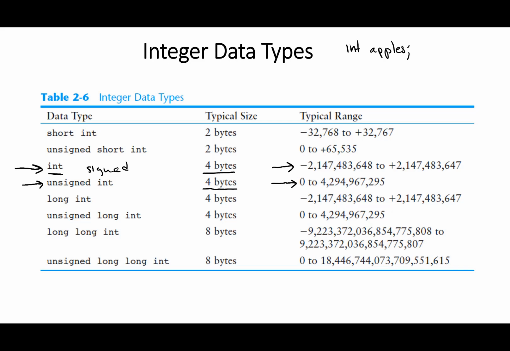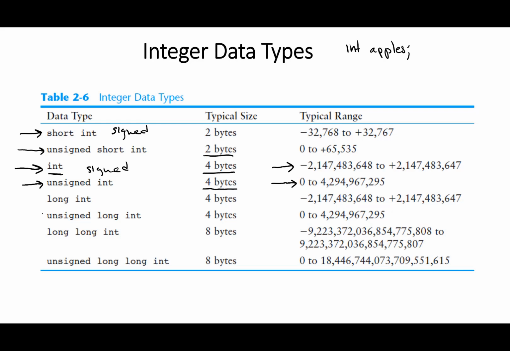Some of the others that we have: there's a short int, so this one is signed, so we can store positive and negative numbers. This one's 2 bytes, and the range is negative 32,768 to 32,767. Unsigned short int is positive numbers only, so that's an unsigned short integer, and it's 2 bytes typically.